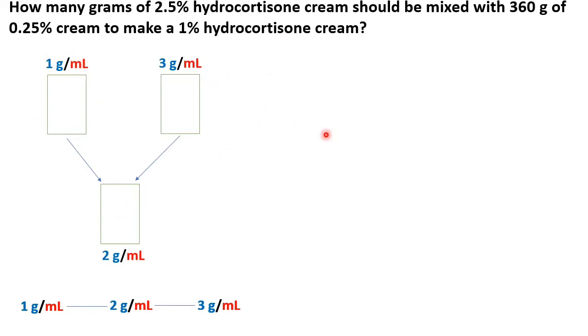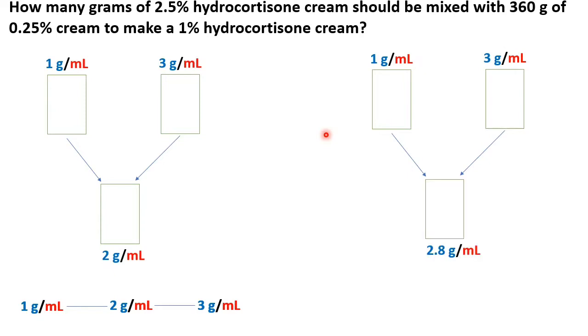But what if we need to make a solution whose density is not exactly in the middle? The solution, for example, has a density of 2.8 grams per milliliter. Now our number is somehow shifted towards the larger density.